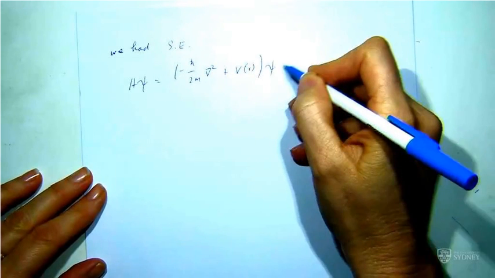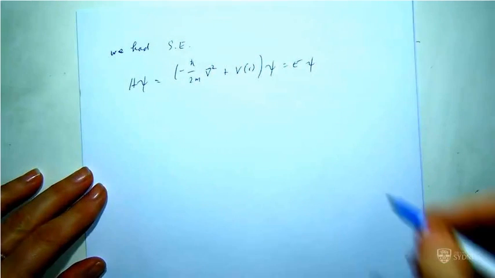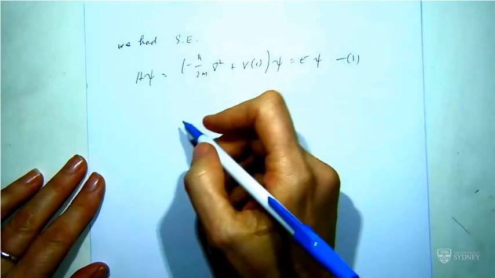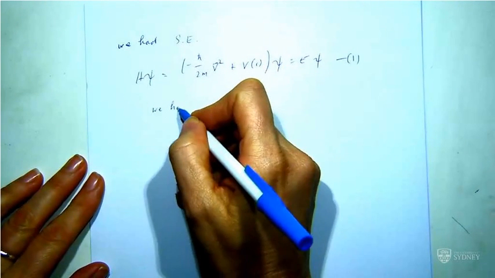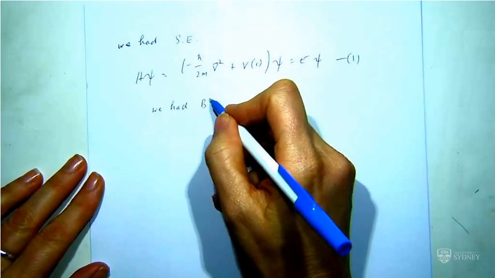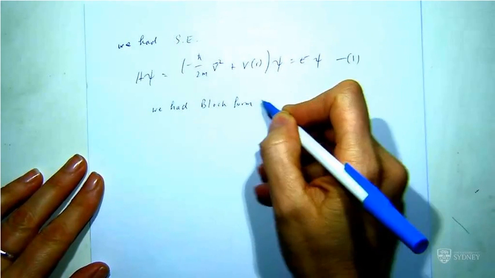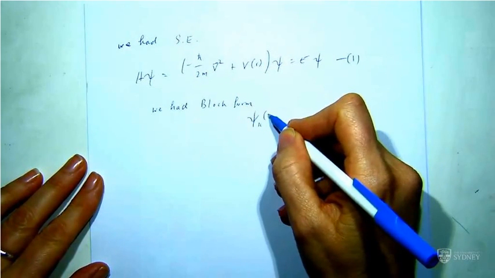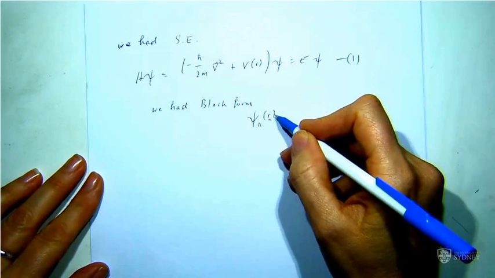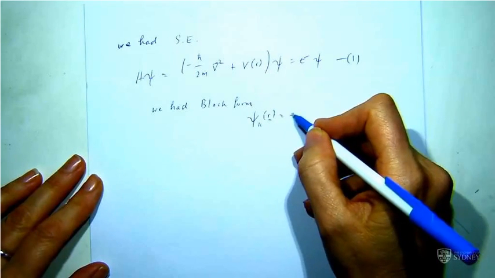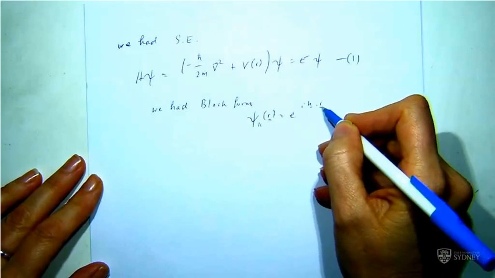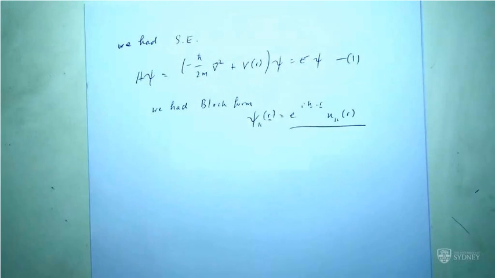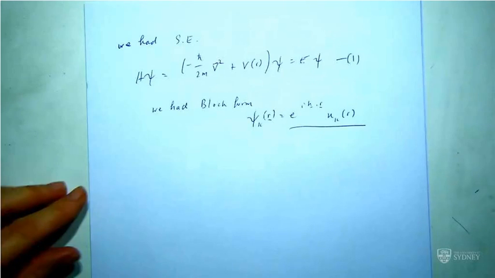Let's call that number 1. And we had the Bloch form of your wave function, psi of k of r, which is e to the i k dot r times u of k of r. Remember, this was the important thing for today, the Bloch form of the electron wave function. Let's call that 2.